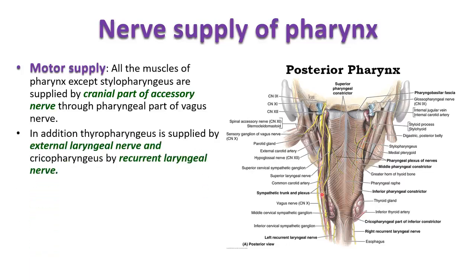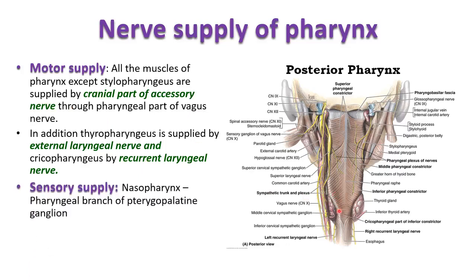In addition, the inferior constrictor is mainly supplied by the external laryngeal nerve for the thyropharyngeus part, and the cricopharyngeus is supplied by the recurrent laryngeal nerve. It is also believed that these fibers travel within the external and recurrent laryngeal nerves, because they are both branches of the vagus. Through these branches, the cranial part of accessory nerve reaches the thyro and cricopharyngeus part of the pharynx.